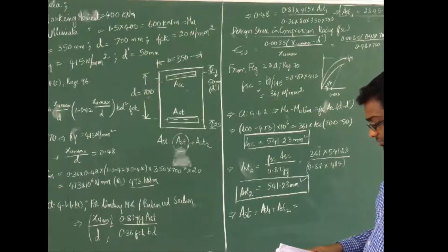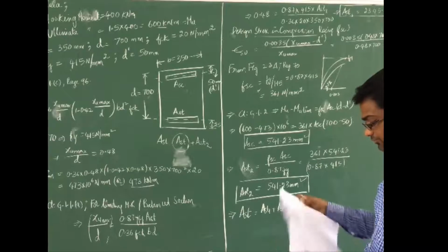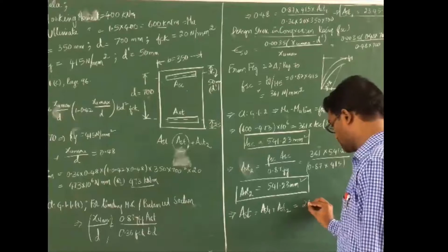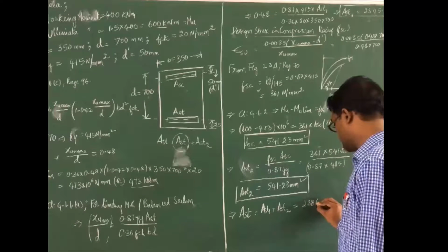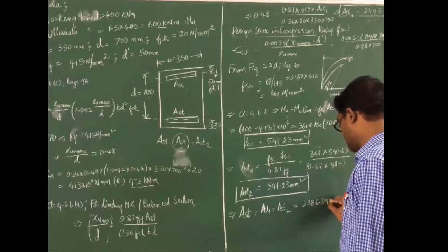If you add them, you will get a value of 2886.39 mm square.